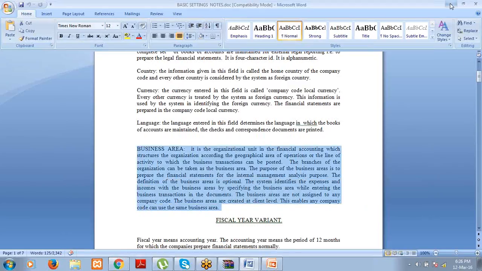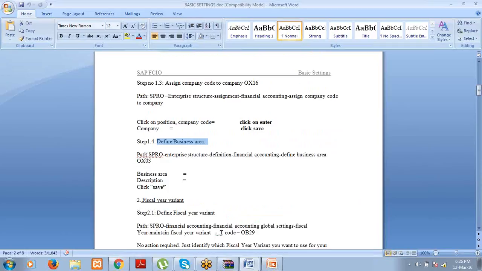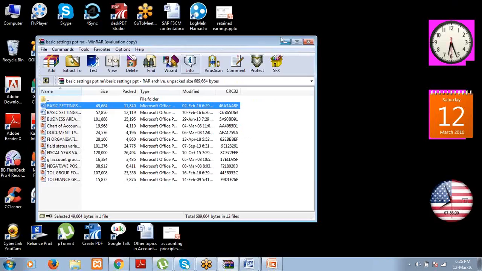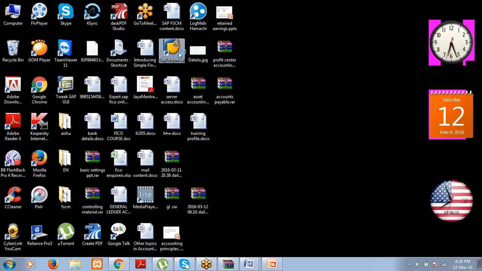Now let us see how to define the business areas. See the path: SPRO. It is also starting with SPRO, which means it is the job of the consultant. So let us log into the system now.